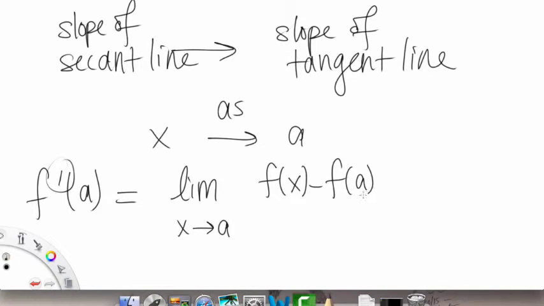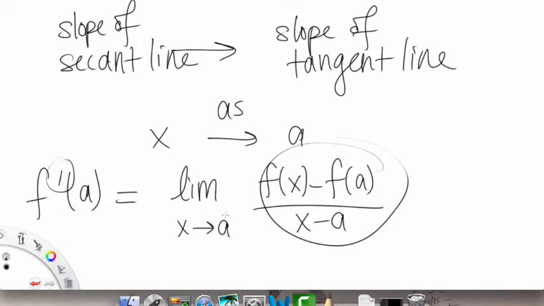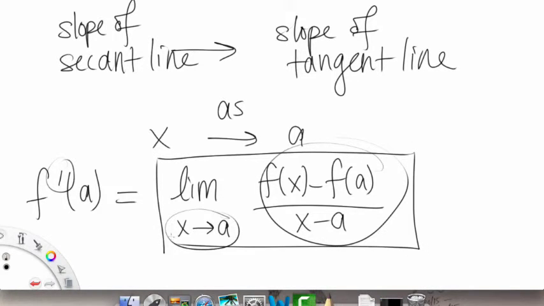Because we know that the slope of the secant line as x approaches a is going to approximately be the slope of the tangent line. It's going to get closer and closer. That is how the right side comes to equal the left side, which is the derivative at a. So this is the first definition of the derivative.